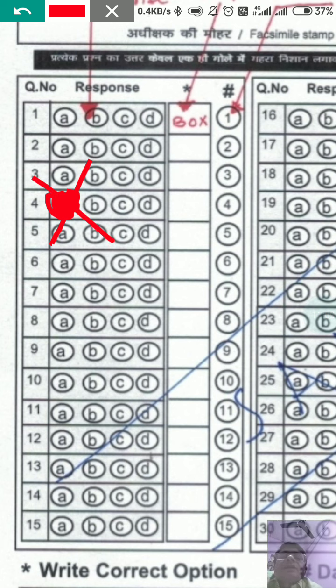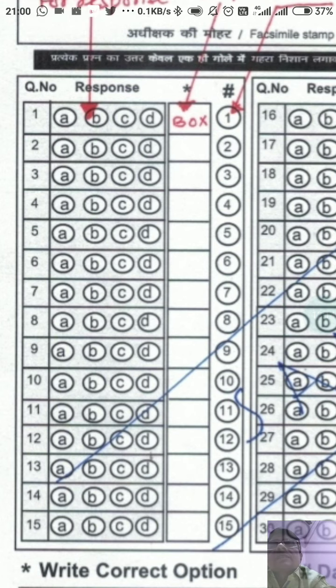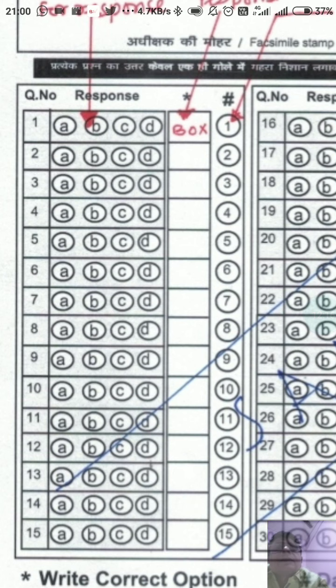So CBSE this time has given in multiple choice questions an option by which you can make it correct. If you have darkened the response A, let it be darkened.